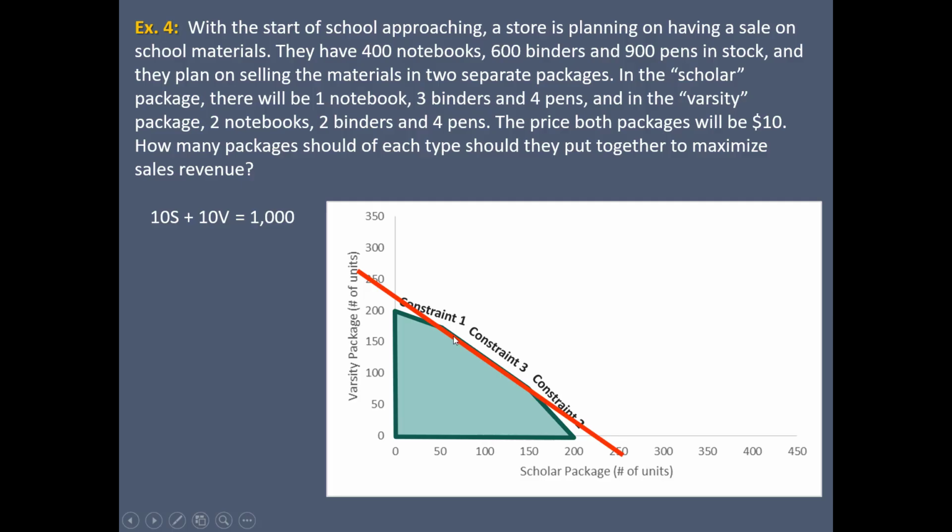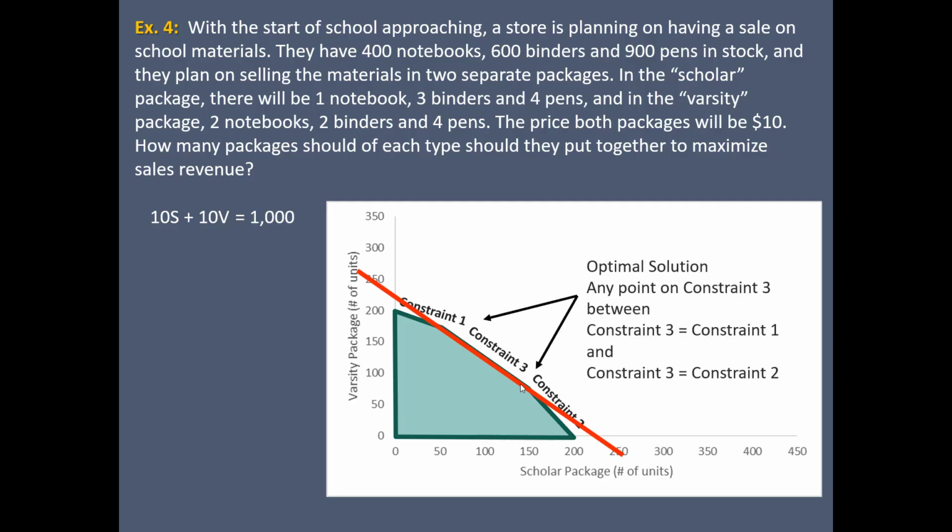The slope of this objective function is exactly the same as constraint 3. So this line completely overlaps constraint 3, and really what is happening here is that we have a whole bunch of possible optimal solutions. An optimal solution can be chosen as any single point between this intersection point and this intersection point.